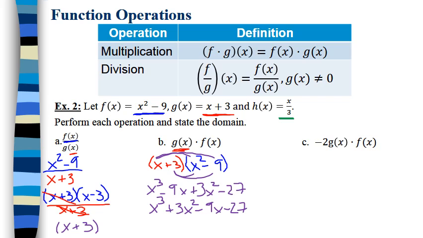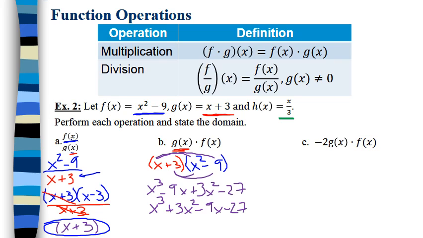Okay, so the domain of this function here, x plus 3, we would think would be all real numbers, except for the fact that if I put a negative 3 in the denominator here, that would make this function not work. So if I put negative 3 in and found f of negative 3 divided by g of negative 3, g of negative 3 would be 0, and you can't divide by 0.